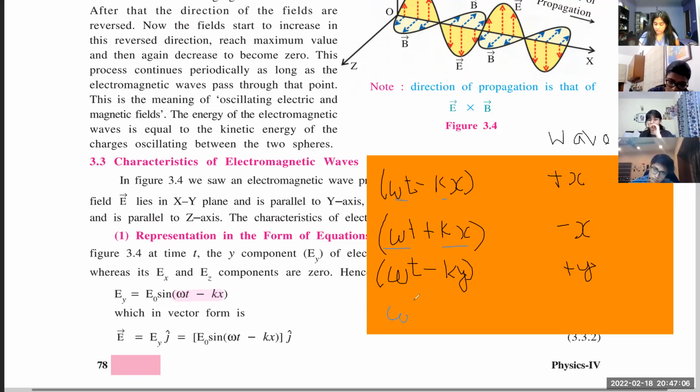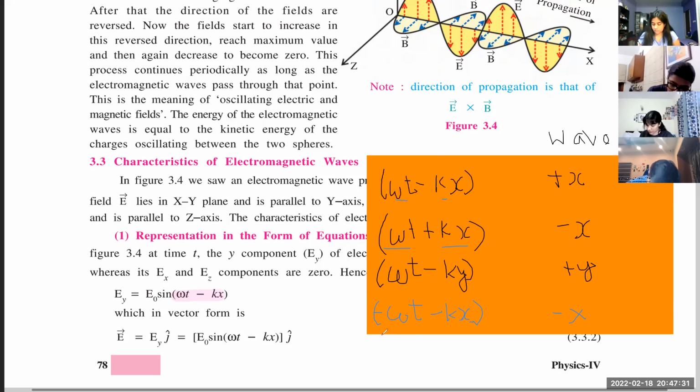So, Arushi, what is the propagation direction of this? Minus x, because both are of the same sign.